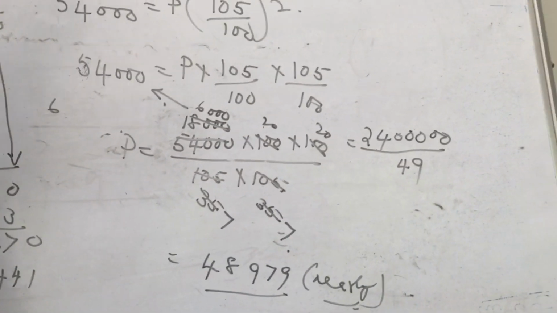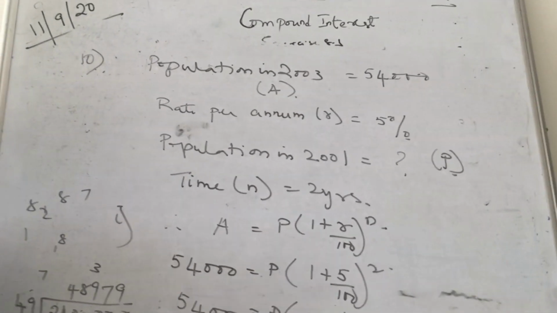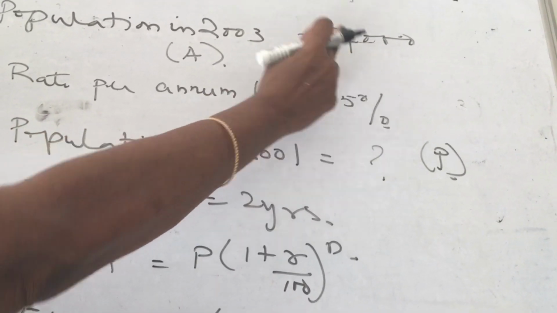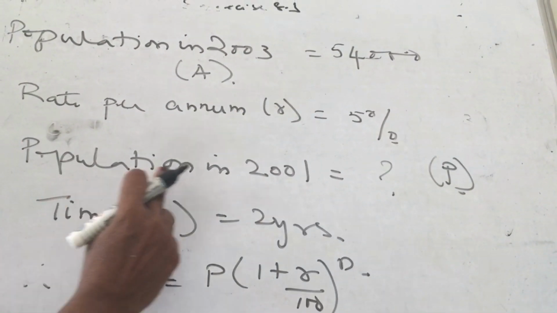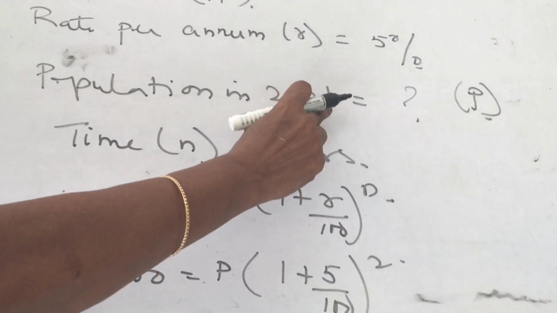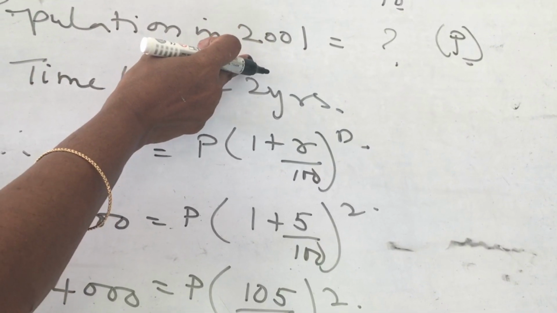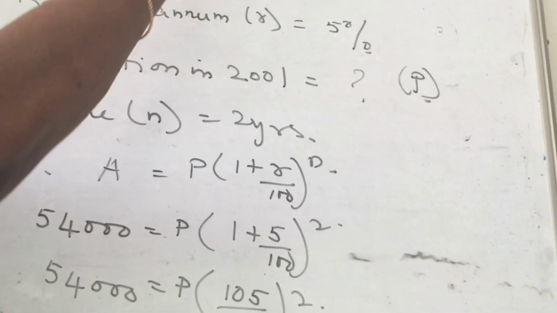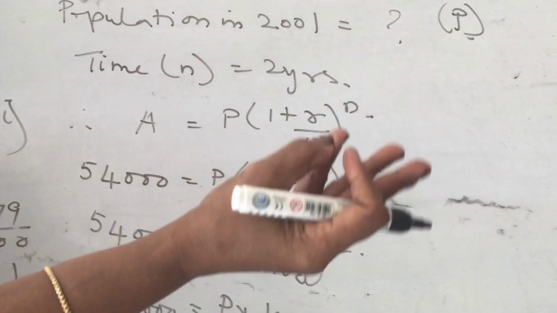Why? Because children, population will never be in points. It is a whole number. 2003 population is 54,000. The rate per annum is 5%. They have asked you to find the population in 2001. 2003 is given, you are finding out for 2001. And from 1 to 3, how many years, children? 1 to 2, 1 year. 2 to 3, second year.